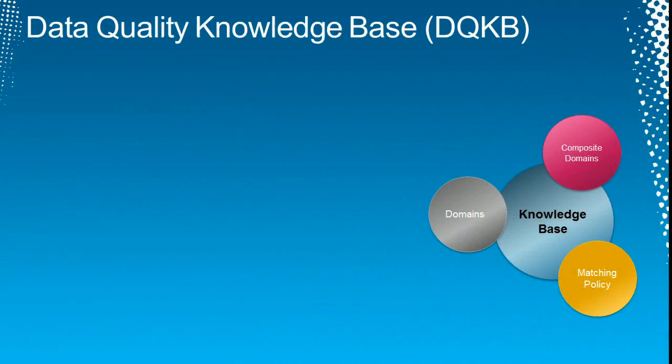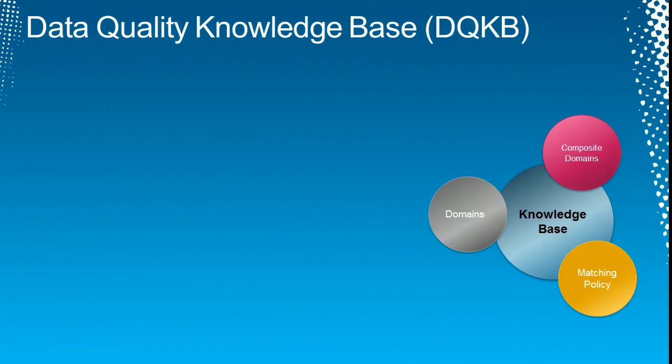So what did we see? We saw a knowledge base. A knowledge base is built of data domains or composite data domains, which govern a set of different entities. It could be a composite domain called address, which contains address line, city, state, zip. It could be a composite domain called name, which is salutation, first name, last name, and so on.